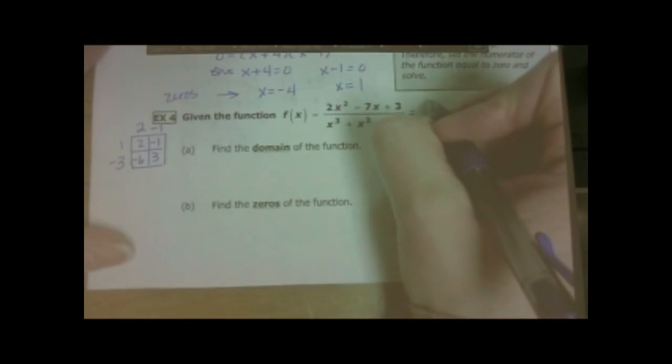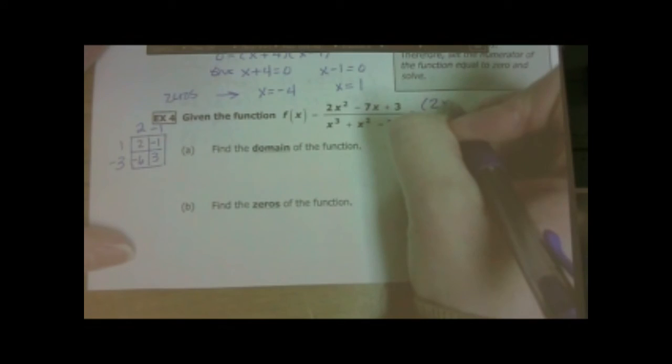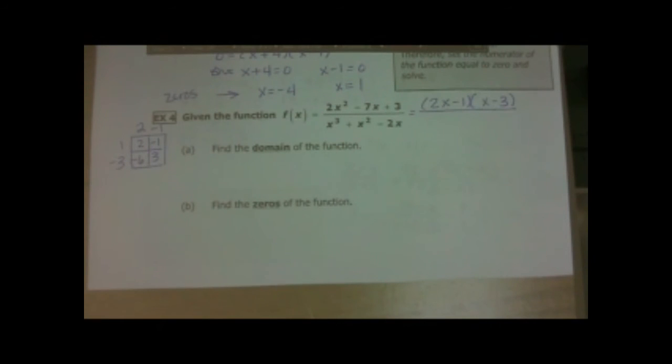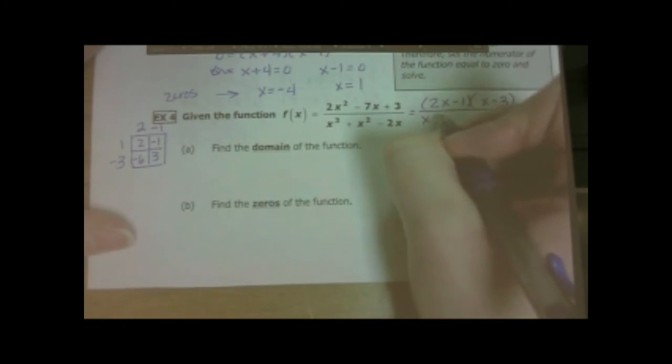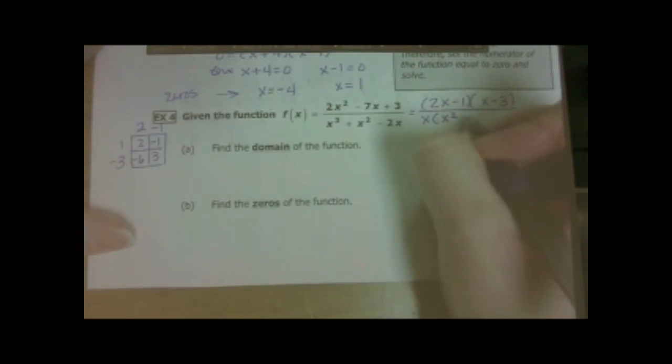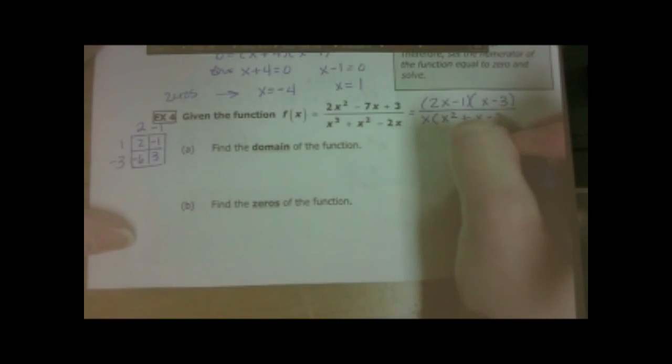2 times 1 is 2. 2 times negative 3 is negative 6. And 1 times negative 1 is negative 1. So here's what I've got: 2x minus 1 and x minus 3. On the bottom, first step, factor out your greatest common factor, which is x. That will leave you x squared plus x minus 2.